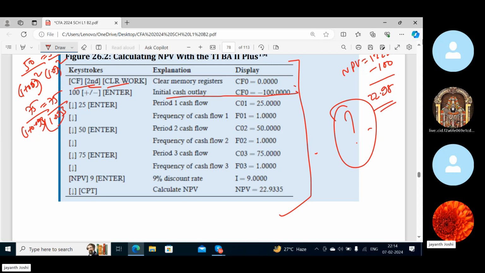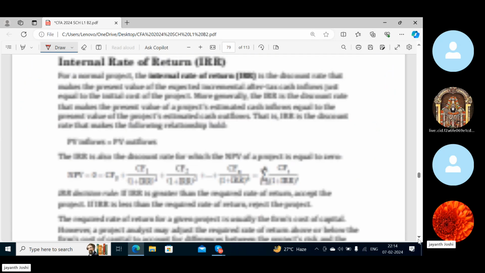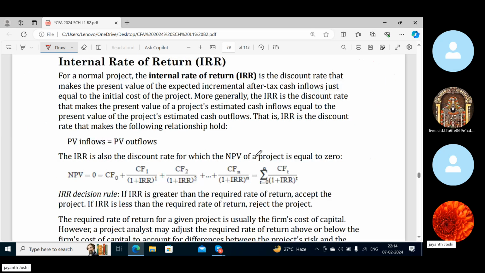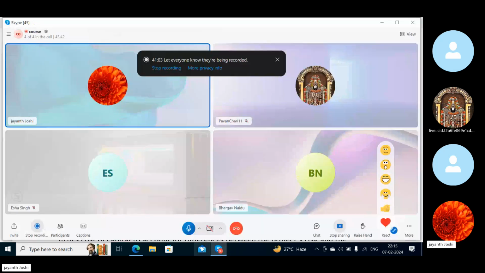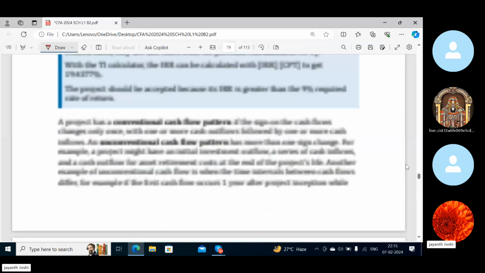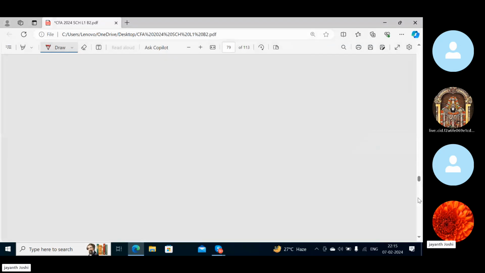Okay. Now the next concept is IRR, internal rate of return. What is this? I'll just give the statement to you and try to explain the concept.